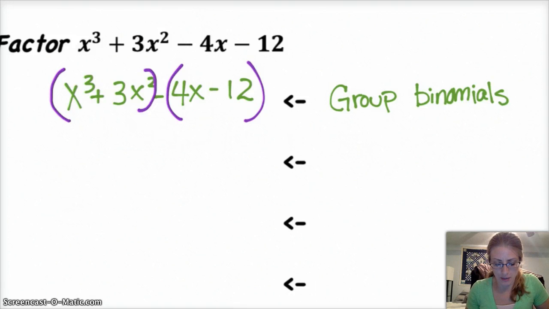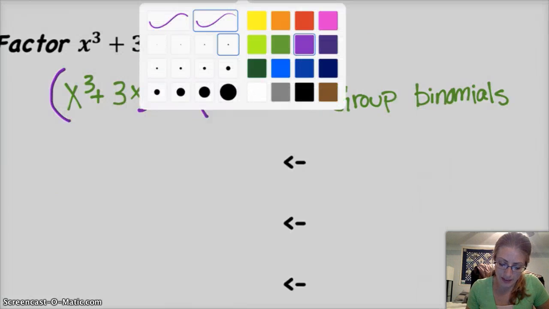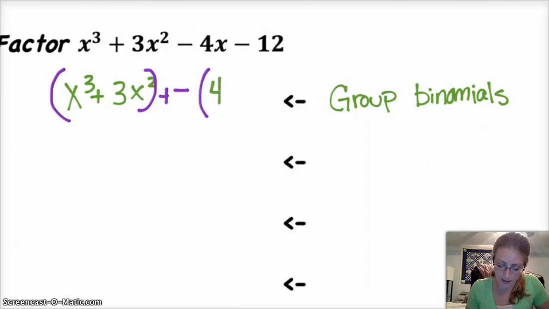In order to keep that 12 the same parity, positive or negative, you either need to switch the sign, or what I prefer to do is pull out the negative, so I end up with a plus negative, and then on the inside I've got my 4x plus 12. Then you can change that plus and negative to just a minus.